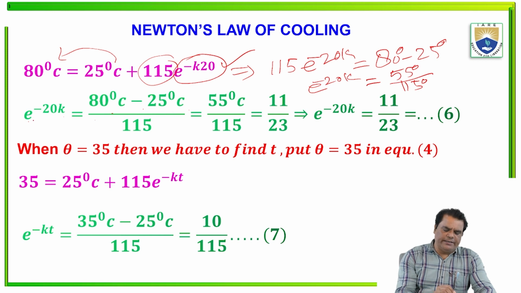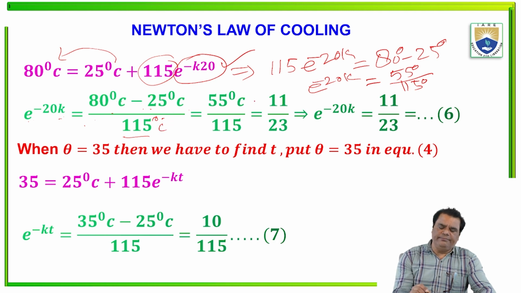So this result here: e to the power minus 20k equal to 80 degrees centigrade minus 25 degrees centigrade upon 115 degrees centigrade. And next, the difference of 80 minus 25 is 55 degrees centigrade, divided by 115 degrees centigrade.